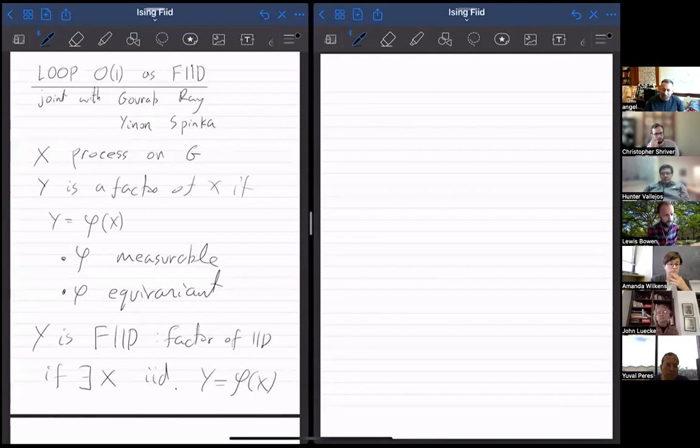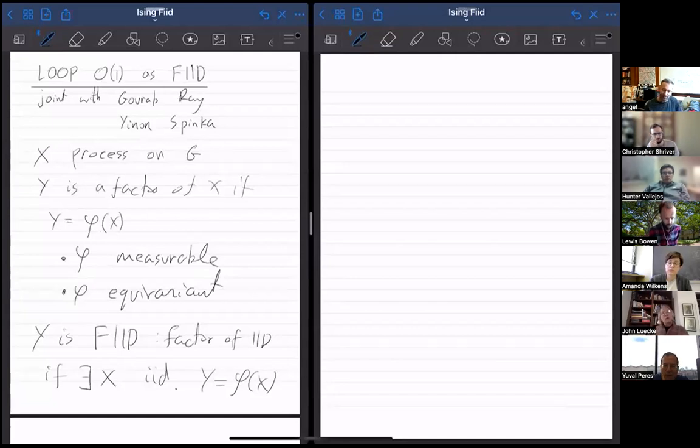If you have a process with some finite entropy, then it's in fact isomorphic to an IID process. But on other graphs, things are not as clear cut.